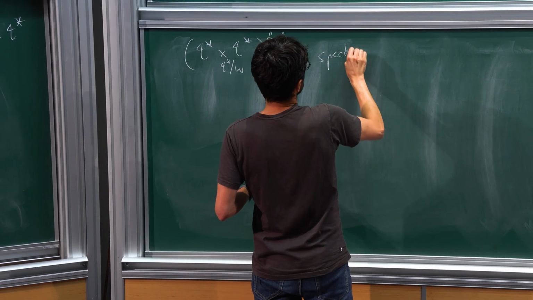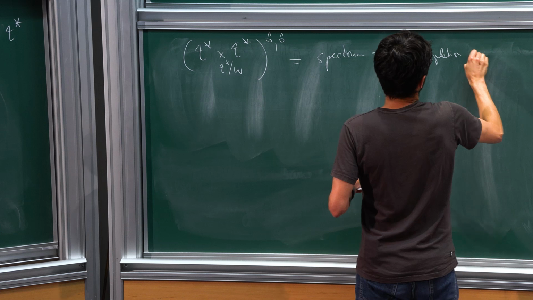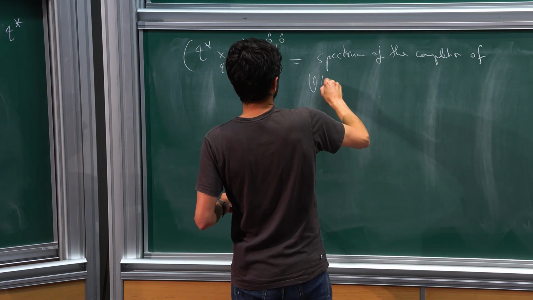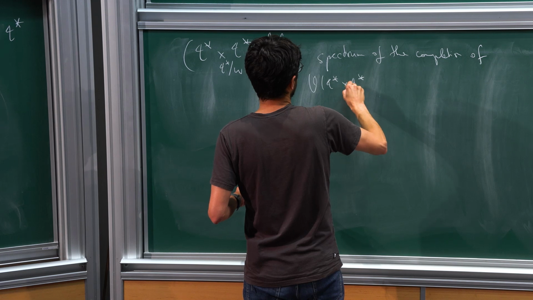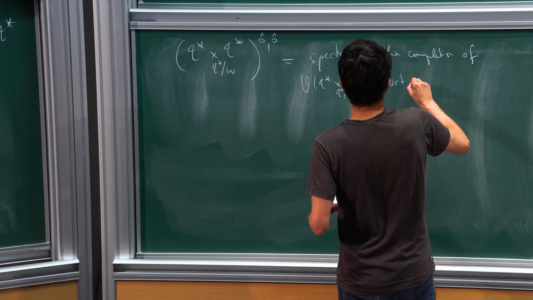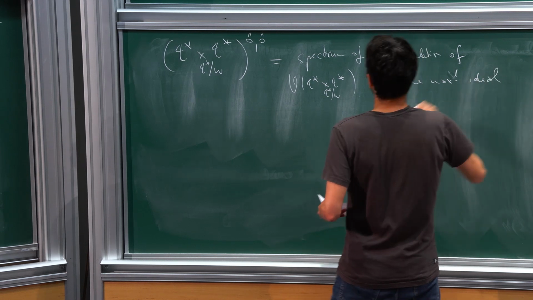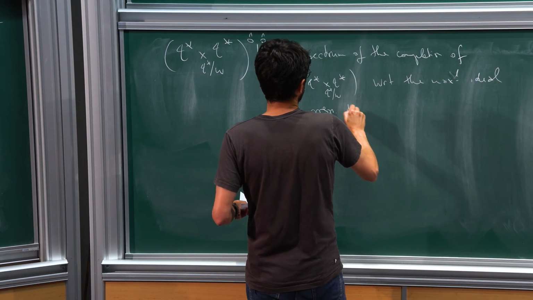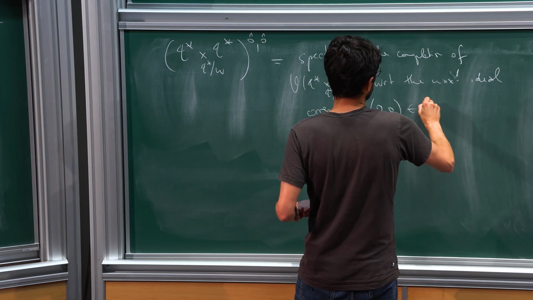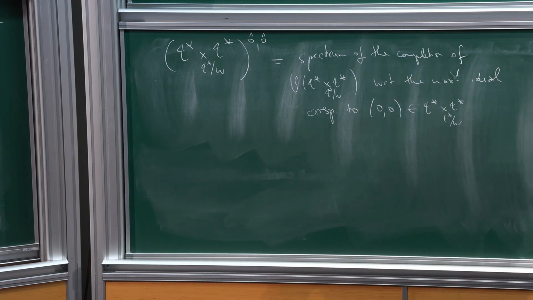So now I want to take the spectrum of the completion of functions on this fiber product. So the completion with respect to the maximal ideal corresponding to the point (0, 0) in T star cross T star over T star mod W. So I take the completion of the ring, and then I take the spectrum. So this is just an affine scheme.